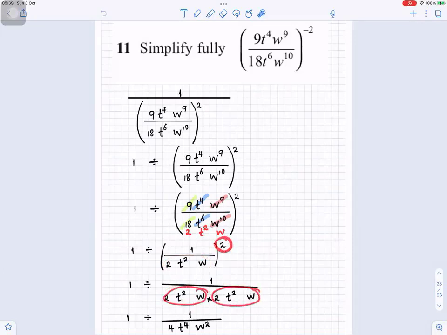Then 1 times 1 gives you 1. 2 times 2 gives you 4. T squared times t squared, you add 2 plus 2, it gives you 4. And w times w gives you w squared. So it's 1 divided by 1 over 4t to the 4 w squared.